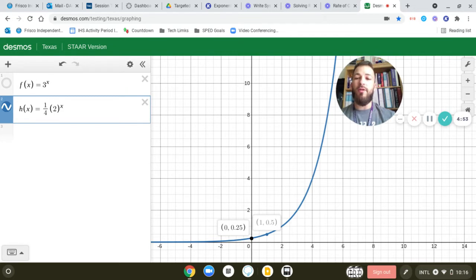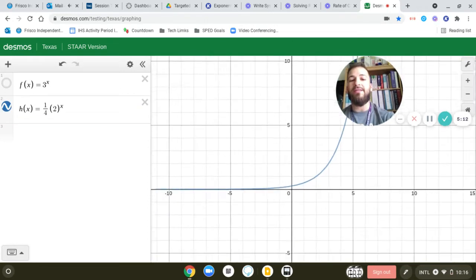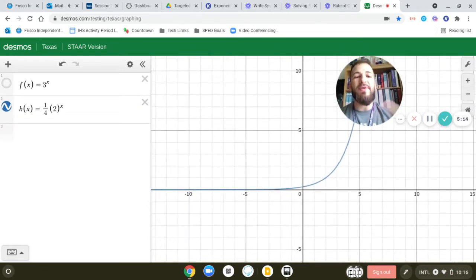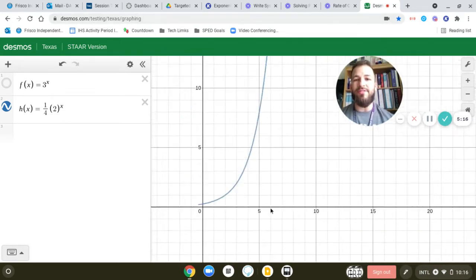So multiplying 1/4 by 2 once is 0.5. Twice is 1. Then 2, then 4, and so on and so forth as we go to the right. And once again, notice how I flatten out right here at the x-axis because I have that asymptote at y equals 0.